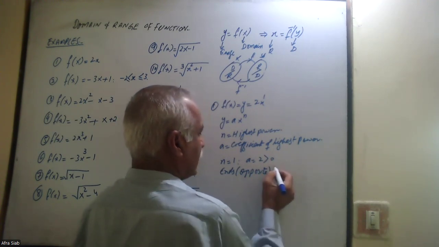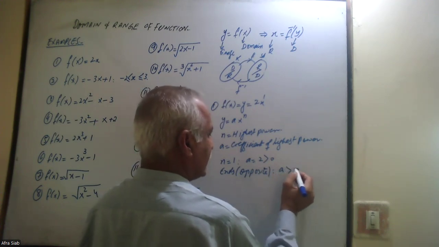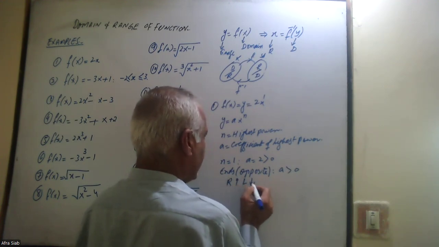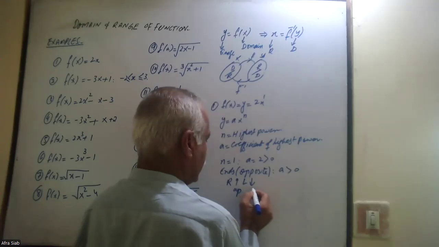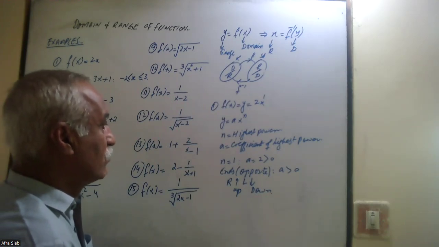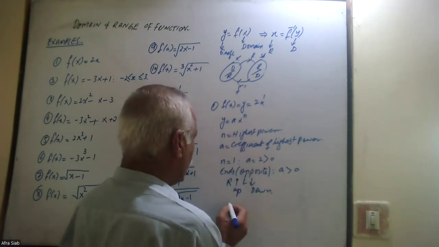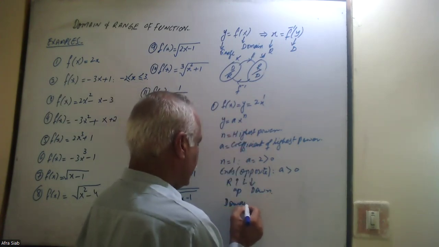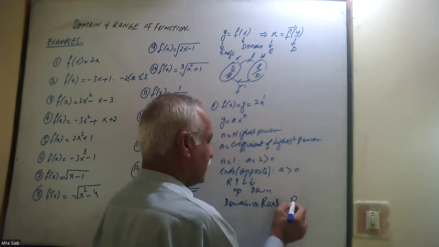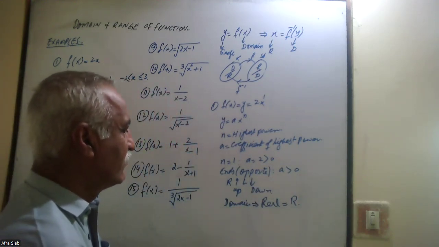If a is greater than 0, then its right end will be upward and the left end will be downward. So we are going to solve this using this property: the domain of this will belong to all real numbers, which is denoted by R. Whatever value of x you put into this equation, you will get values of y.